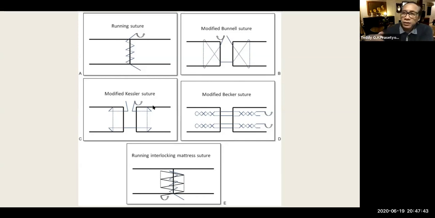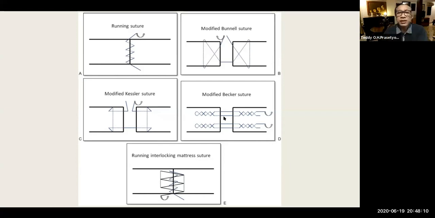But if you consider the tendon at the distal part, at the fingers, they are not as round as the proximal part of the extensor tendon, like the flexor tendon. So the distal part is quite thin. So that's why modified Kessler and many other techniques described here in this diagram may not be easily performed.